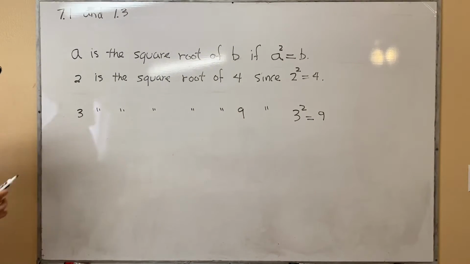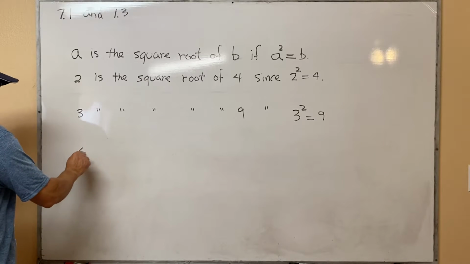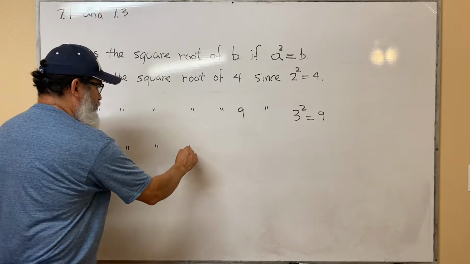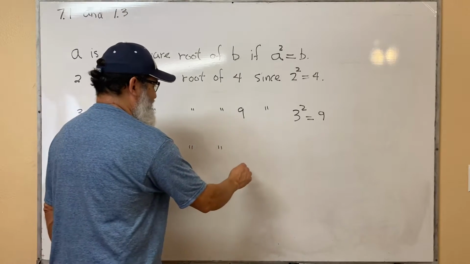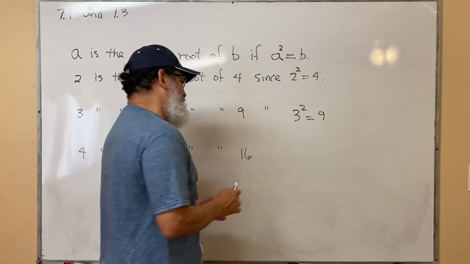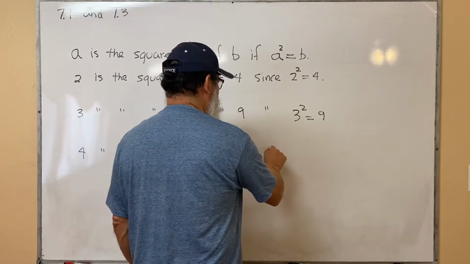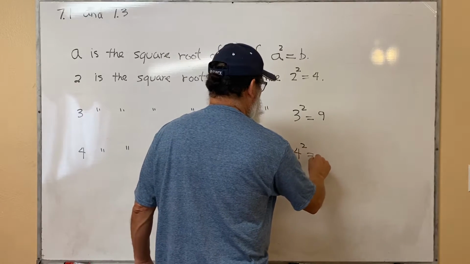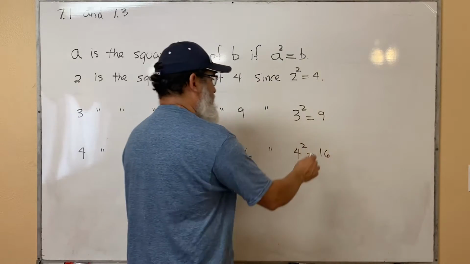Okay, here's another one. 4 is the square root of 16. Why? Since 4 squared equals 16. That's why.